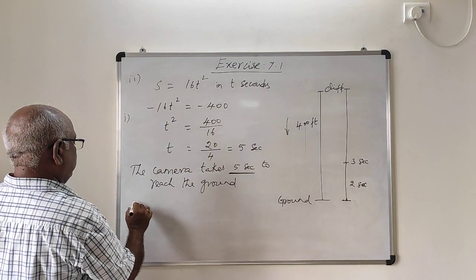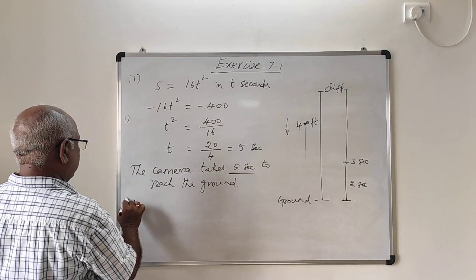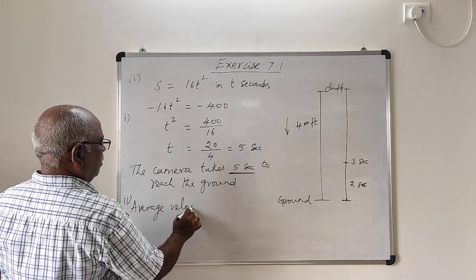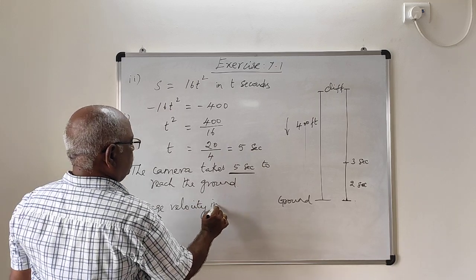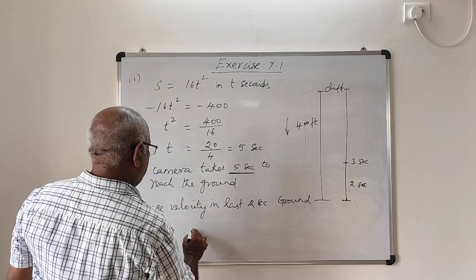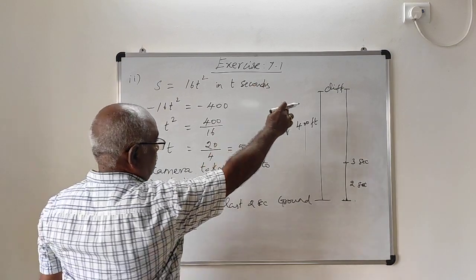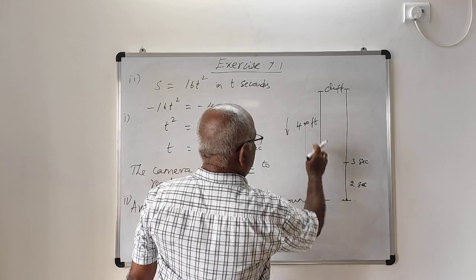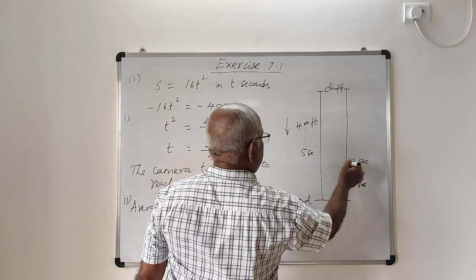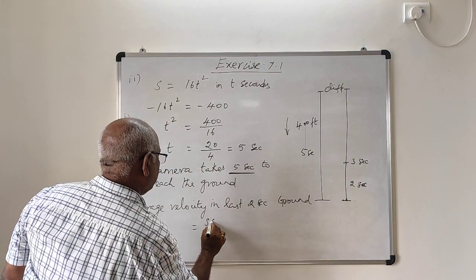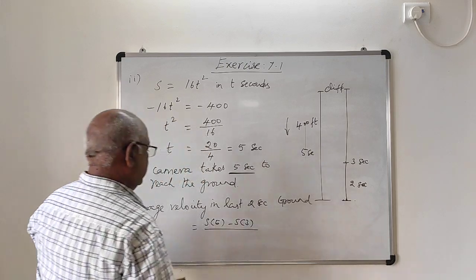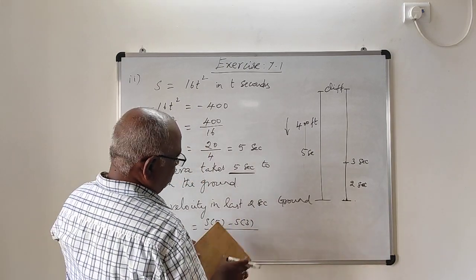For that, second subdivision, average velocity in the last 2 seconds is equal to: the total time taken is S5, 5 seconds, so S5 minus S3, divided by 5 minus 3.